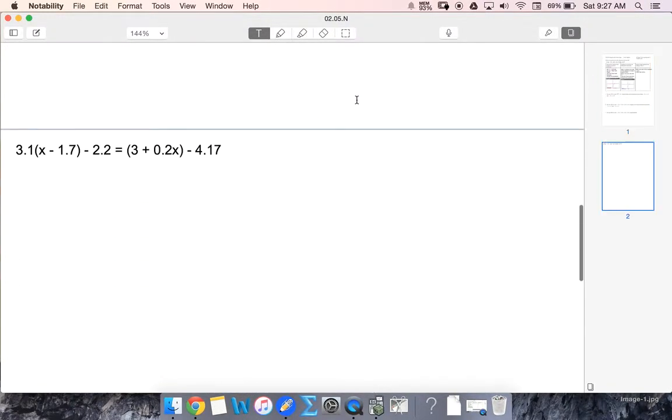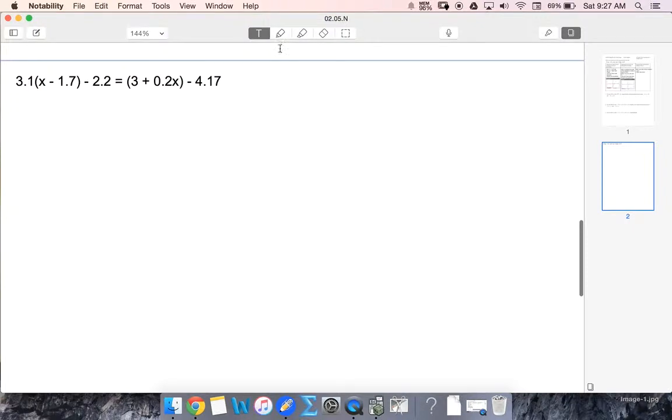I've pasted that equation down here so I have some room to write. You might need to make some space in your notebook or somewhere else to write. So I'm trying to get the right-hand side equal to 0, and I'm trying to collect my like terms. Just like the way we started before, I'm going to subtract that whole parentheses, the 3 plus 0.2x, to both sides.